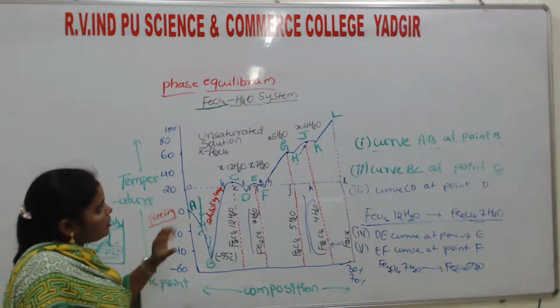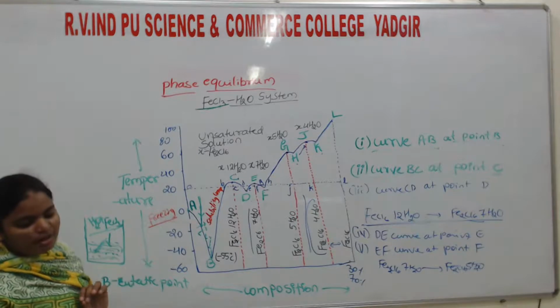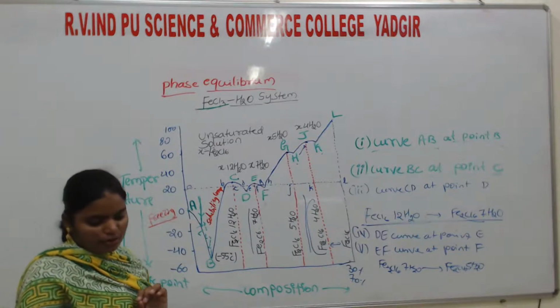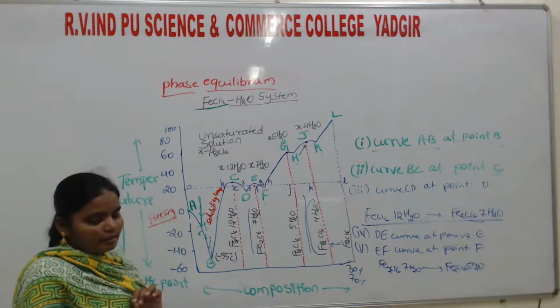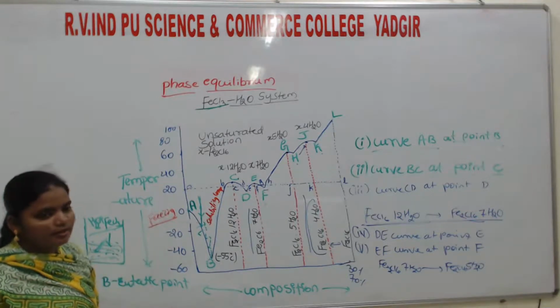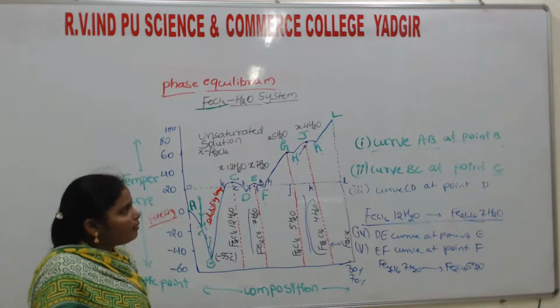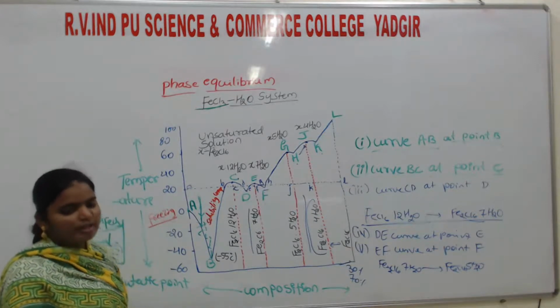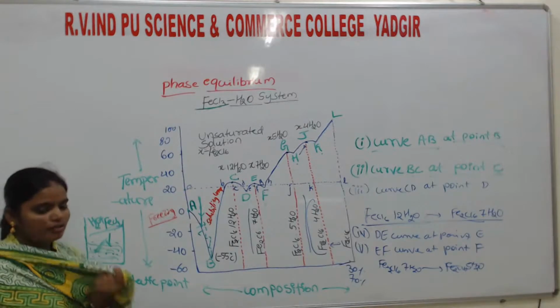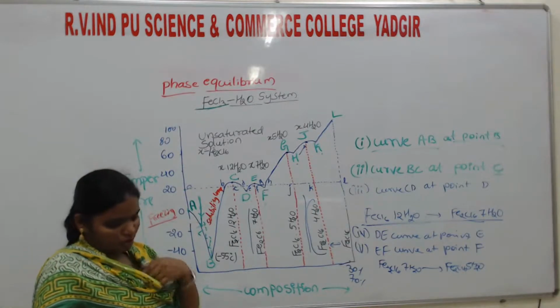Okay. Next is isothermal evaporation of an unsaturated solution of ferric chloride. Here we consider the FeCl3 ferric chloride water system and the behavior on evaporation of the ferric chloride solution at constant temperature.